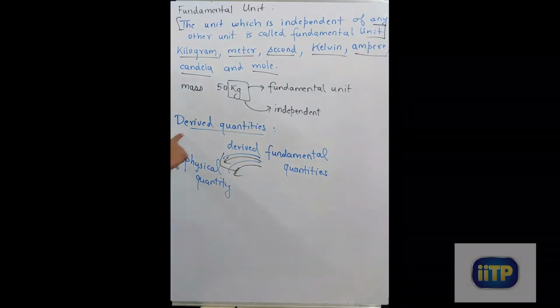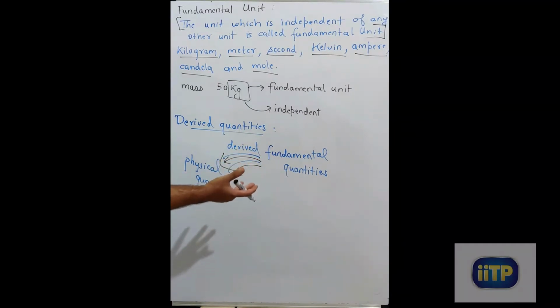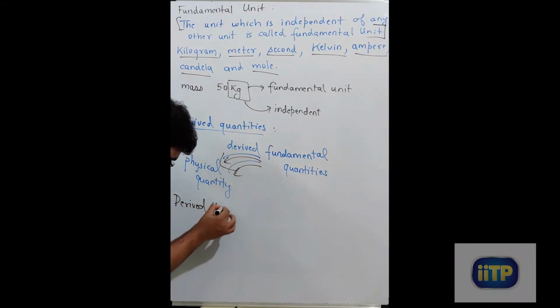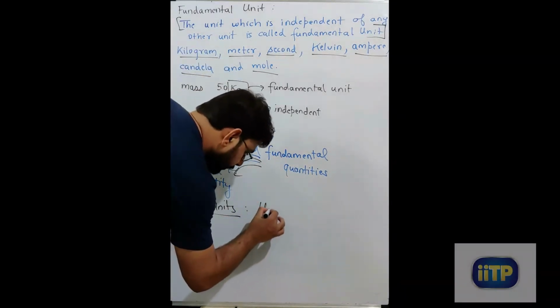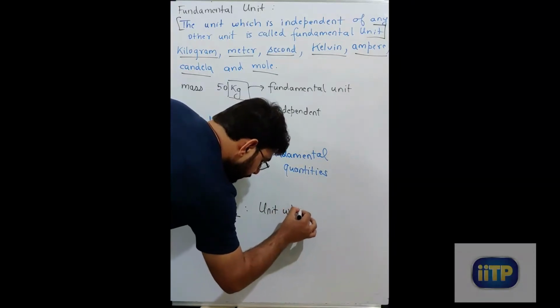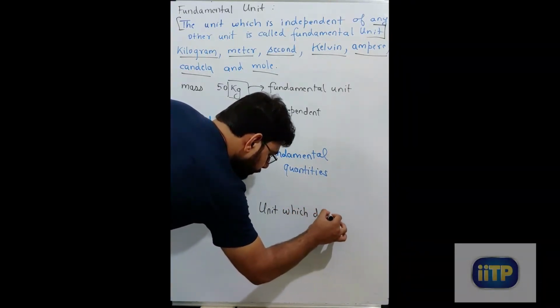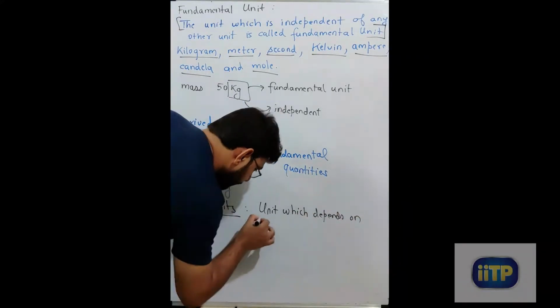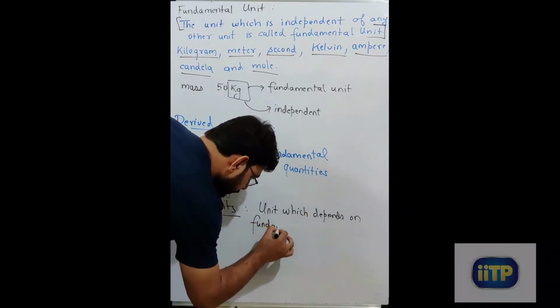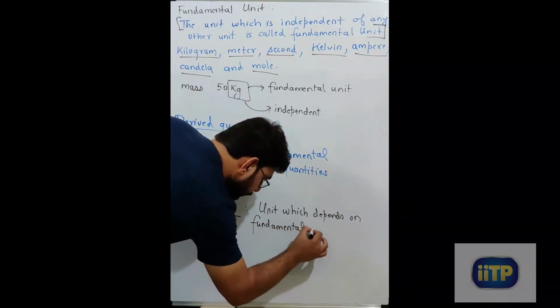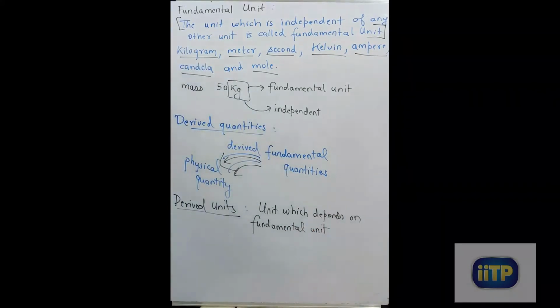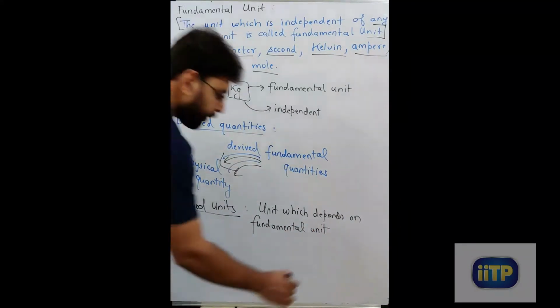Now for any quantity there will be a unit. So similarly for the derived quantities there are derived units. Right? So the unit which depends on fundamental units is called a derived unit.